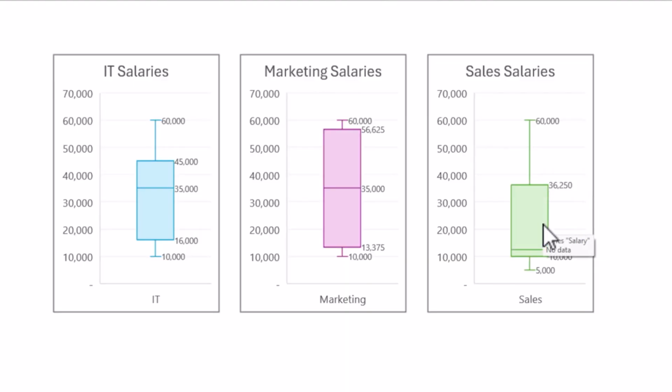And the opposite is the positive skew, which we see in the sales department, where the median is 12,500, but the third quartile is so far high at 36,000. The first quartile is so close at 10,000. So what does that mean? You have a few employees in the sales department, in the top half of your data set when you order the employees, who are getting a lot higher salaries than other employees in sales.